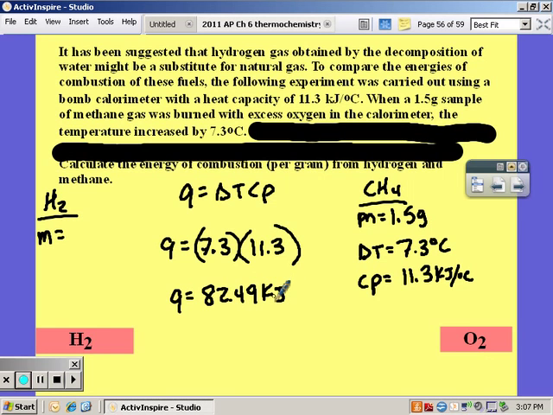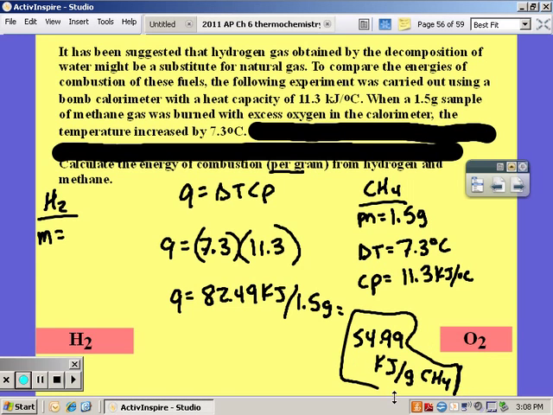But we want our answer in kilojoules per gram, so we need to divide this by how many grams of methane were burned, which was 1.5. So we get 54.99, or 55.0 kilojoules per gram of methane.